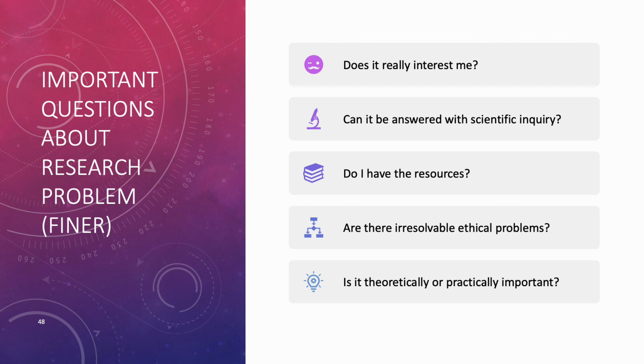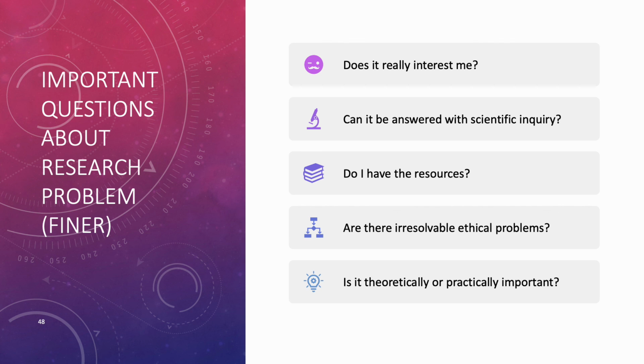Your research question should also be interesting to the investigator in particular. So you ask, does it really interest me? Is the study novel? Does it confirm or refute previous findings, extend previous findings, or provide new findings? Is it ethical?